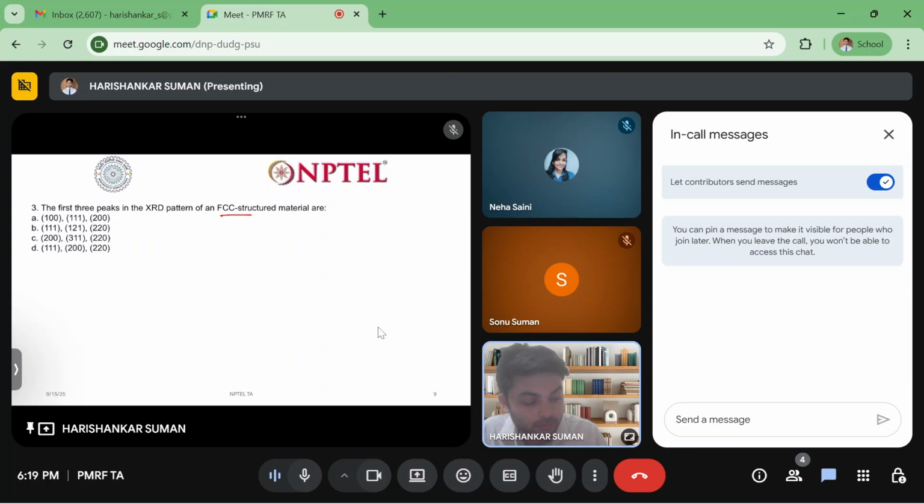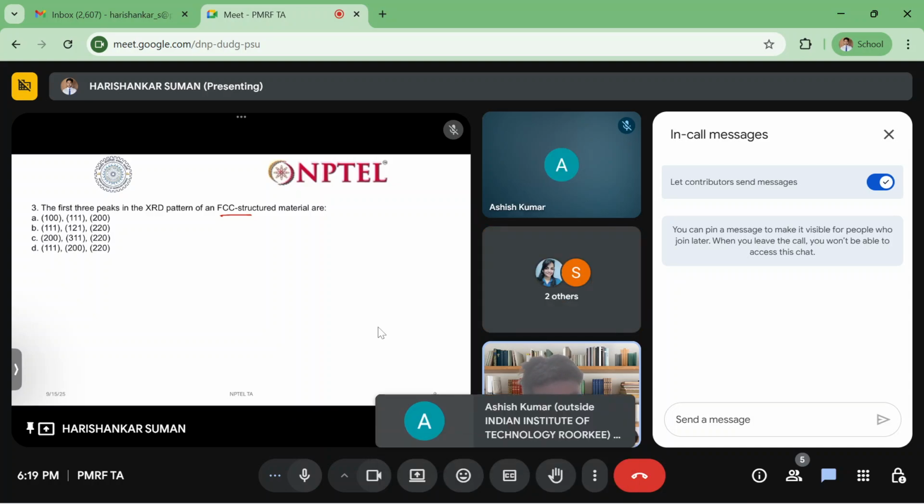The first three peaks in the XRD pattern of the FCC material are? Please choose your answer.